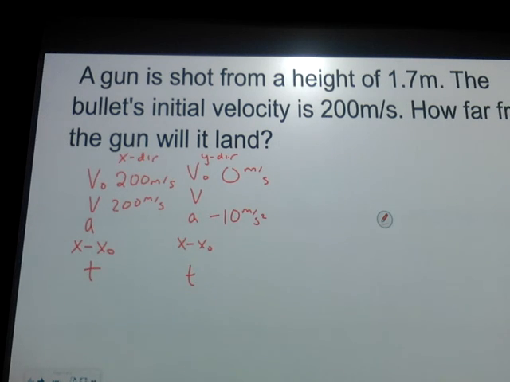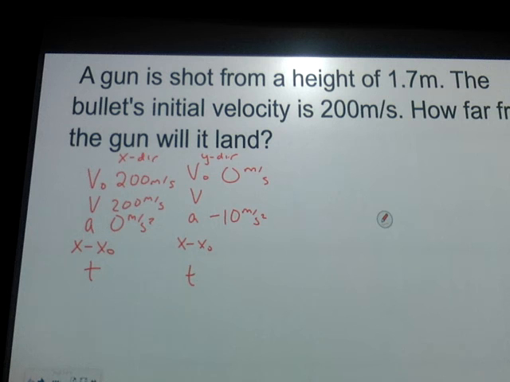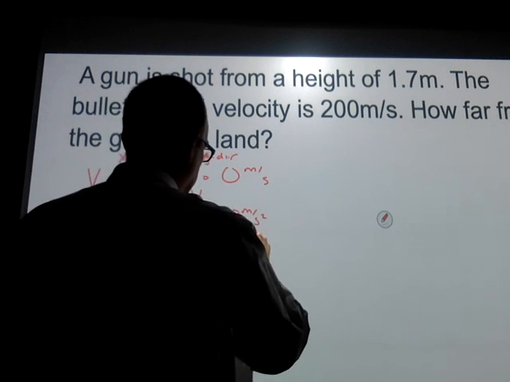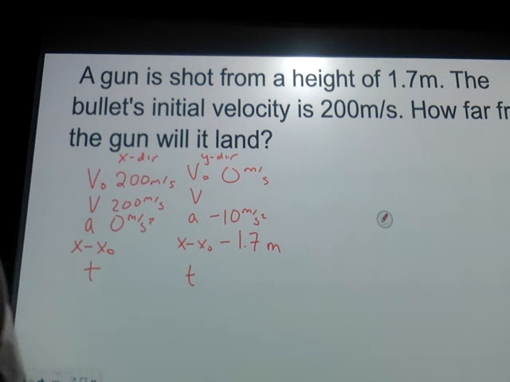Because these are the same, we also know that our acceleration is 0. And we know how far the bullet's going to fall down. And so that's 1.7 meters. Because it's going to land 1.7 meters below where it started, that's going to give me a displacement of -1.7.